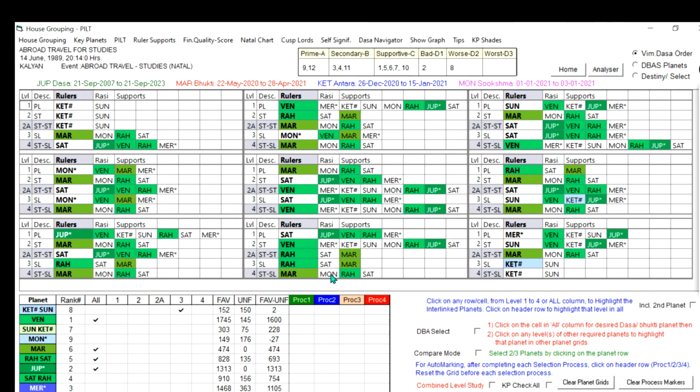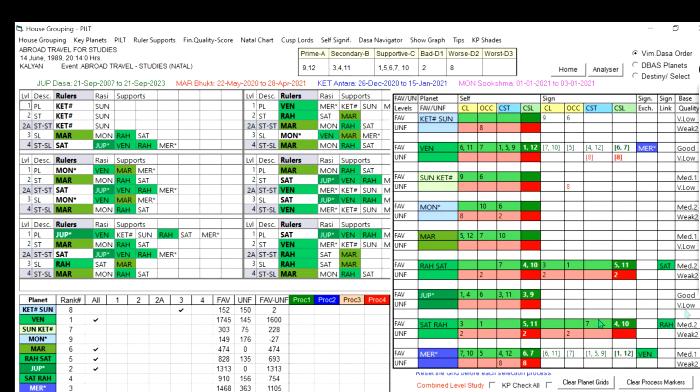So that also we can easily identify with the help of this PILT table through the key planets. With these key planets methods and the PILT tables, on a single screen we can locate the planets which have favorable connections and unfavorable connections. So we can easily compare between the planets.